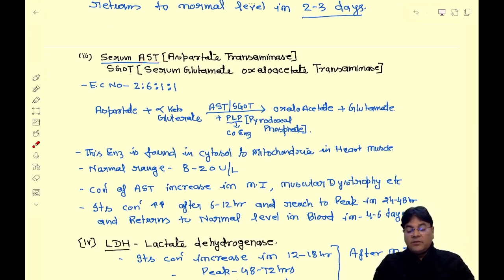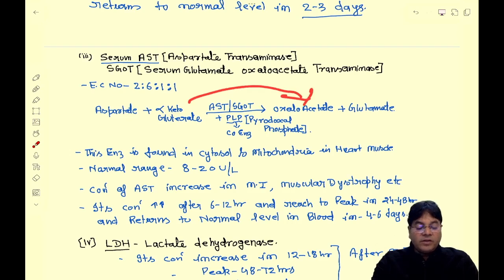Now, the third enzyme which is used as a cardiac marker is AST, also called SGOT. This enzyme serum AST, that is aspartate transaminase, is also called SGOT, serum glutamate oxaloacetate transaminase. These are two names for the same enzyme. The enzyme commission number is 2.6.1.1, and this is the function this enzyme performs. In our cells, this enzyme combines aspartate with alpha-ketoglutarate and converts it into oxaloacetate and glutamate.